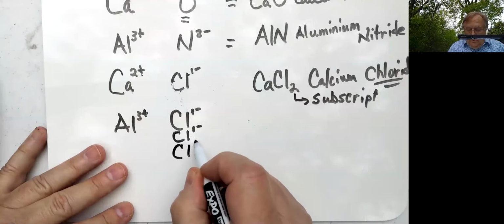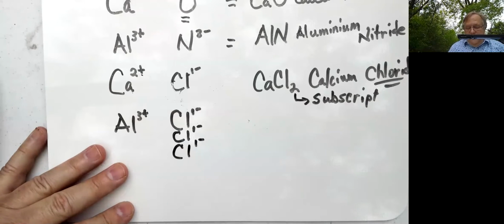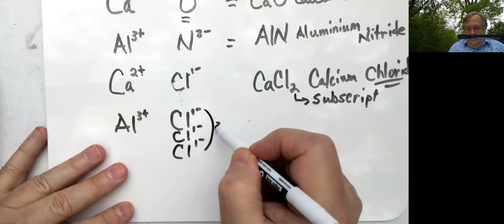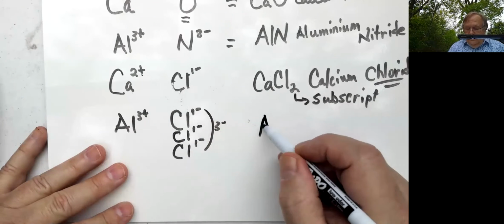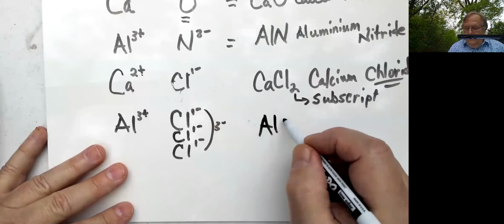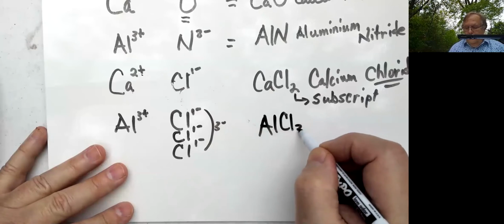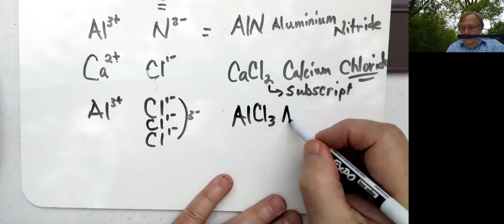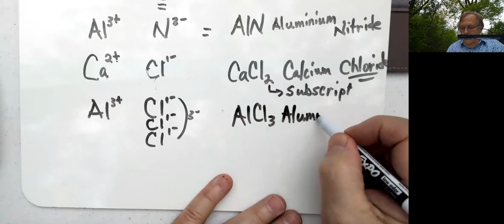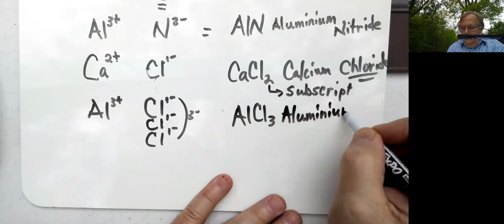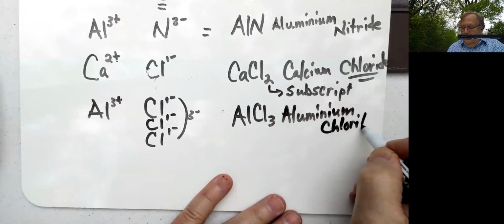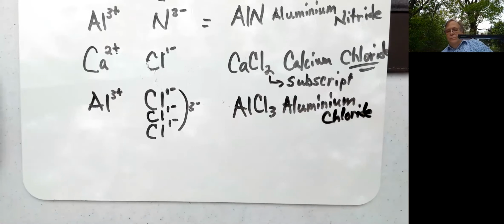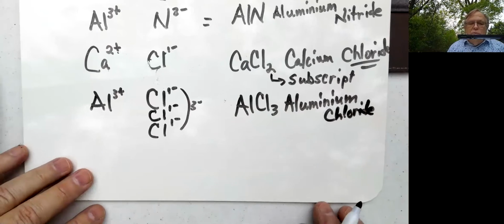So let's add one more. Now we've got a -3 and a positive 3. So aluminum chloride. There we go. You're getting good at this, I know.